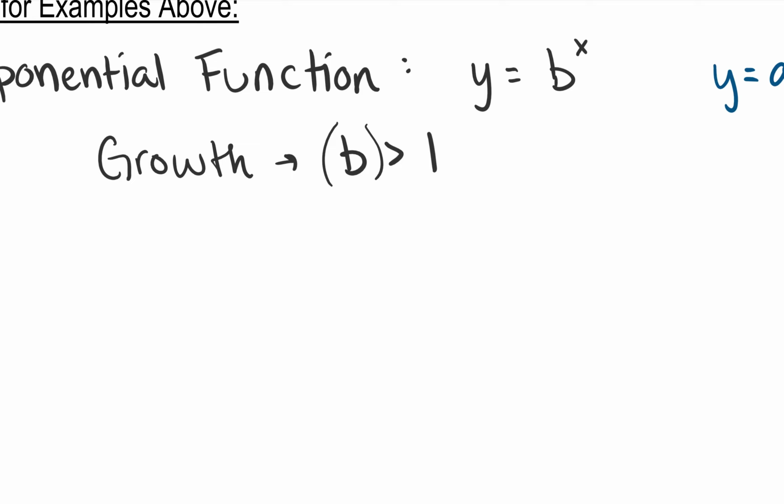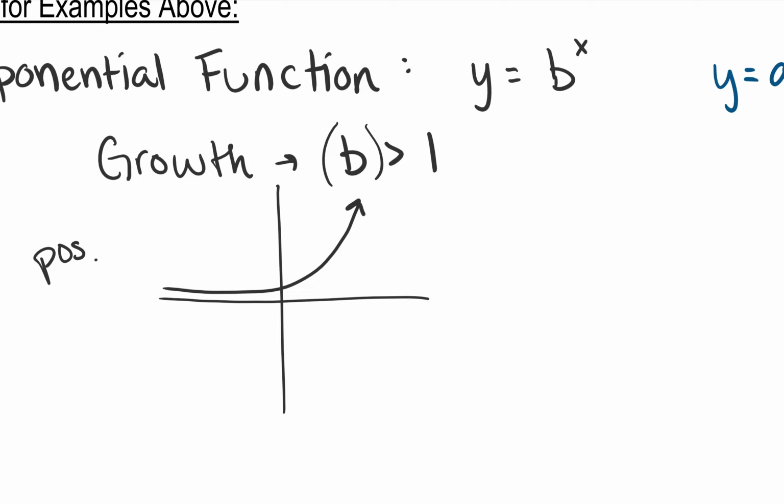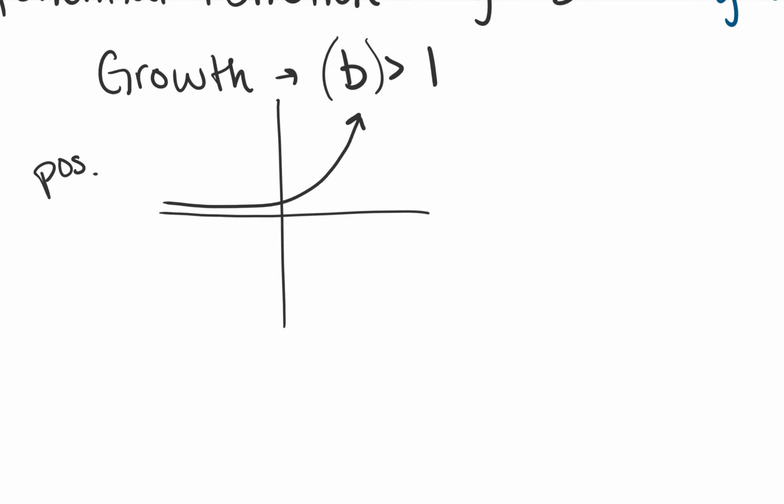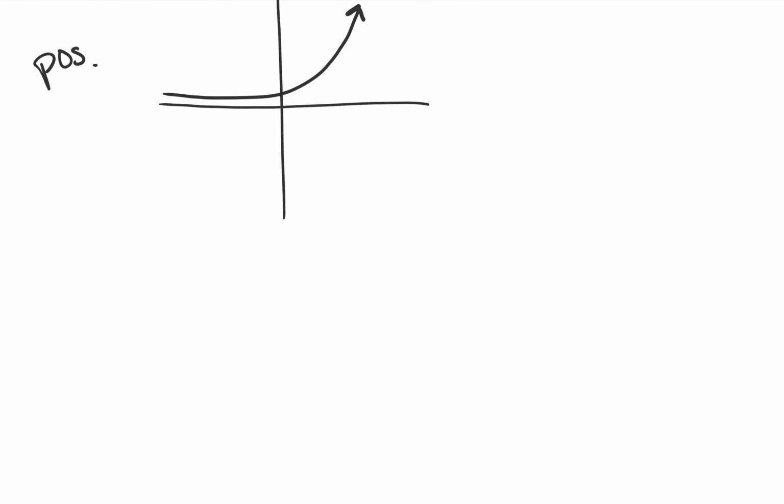Okay, and a growth graph starts at the bottom left, right above the x-axis on the left, and goes straight up like that. That is positive growth. And then we have negative growth, which is a thing.